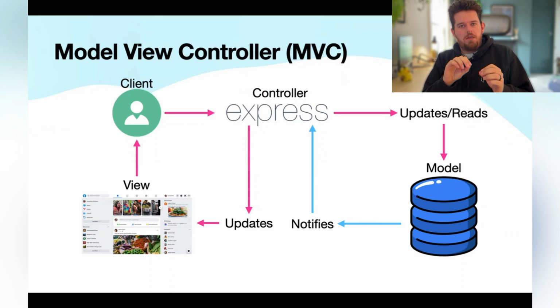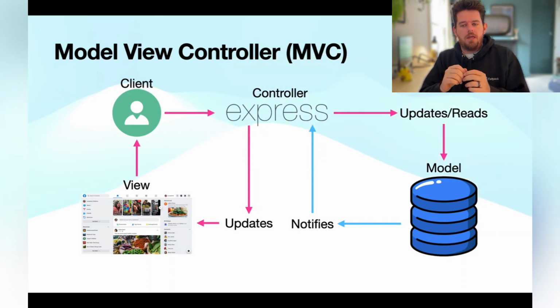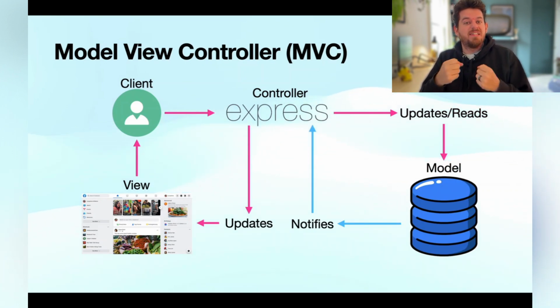Our controller then reads or updates our models, and our model is our data. Now, in Unit 1, we did that with just saving the state of the game in either local storage or just in a variable. In this instance, we're going to be saving our data in a persistent database, so that when a user logs out and then logs back in, all of that data exists.